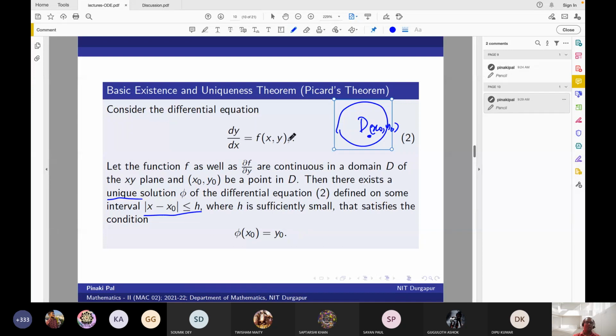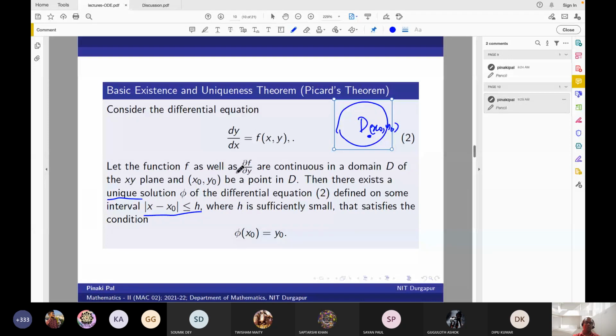The function on the right hand side should be continuous in the domain of definition, and the derivative of it with respect to y, the dependent variable, should also be continuous within the domain D. Then existence of a unique solution passing through the point (x0, y0) is guaranteed, and that unique solution phi will be defined in a valid real interval around the point x0. So this is the conclusion of the theorem.